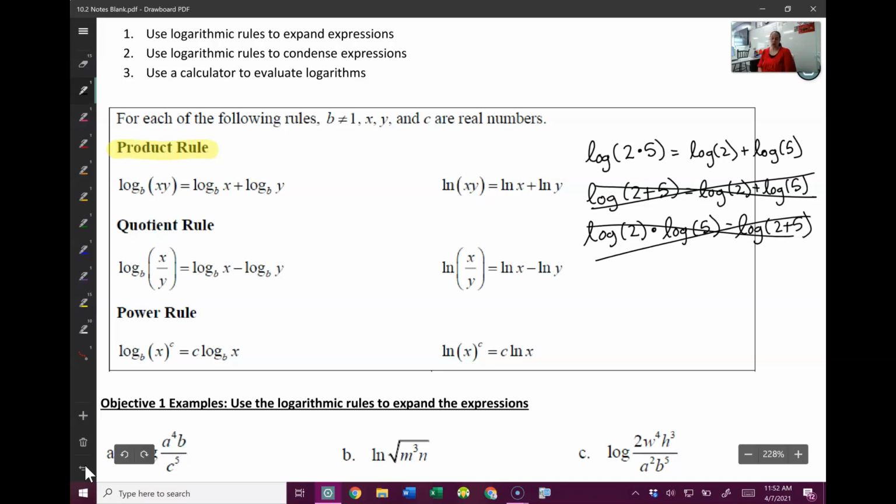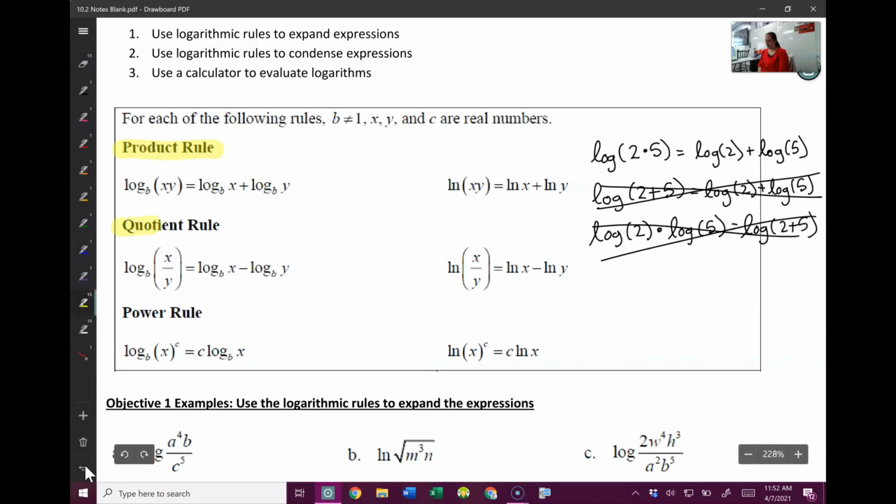That does not work. You have to have one logarithm that is multiplying, and you expand it to more than one logarithm that are all adding. It's a very specific rule, and you need to be careful about that.